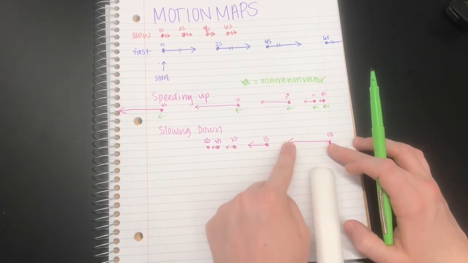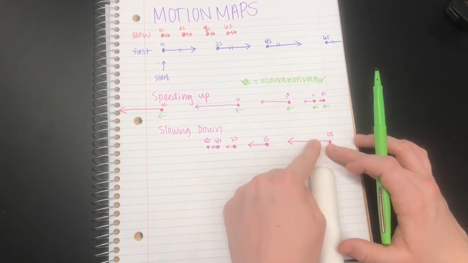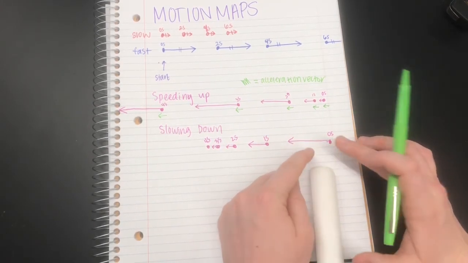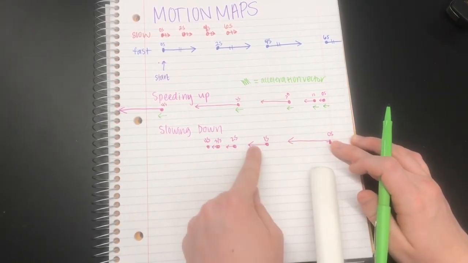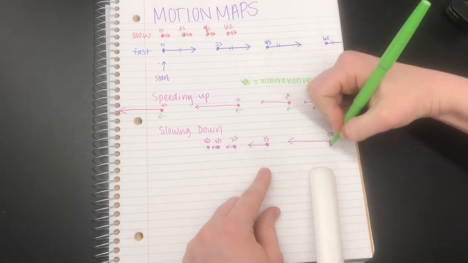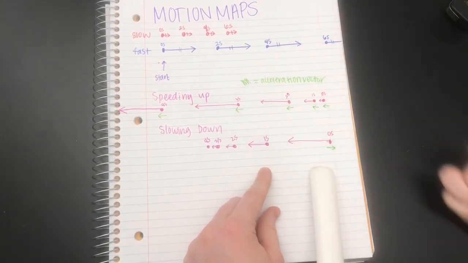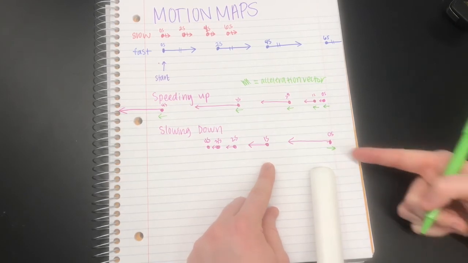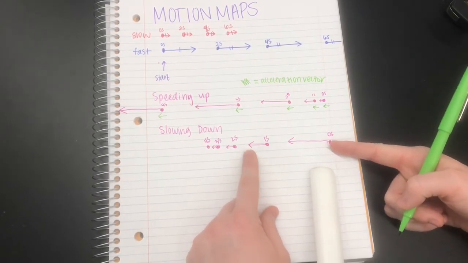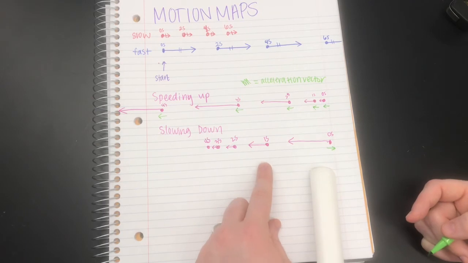No, I'd want to squish it. So I'm going to push on this arrow this way to make that velocity change. I'm going to go the opposite direction of that velocity to make it change to become smaller.